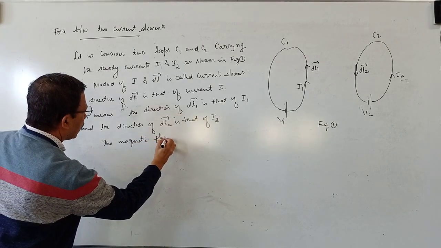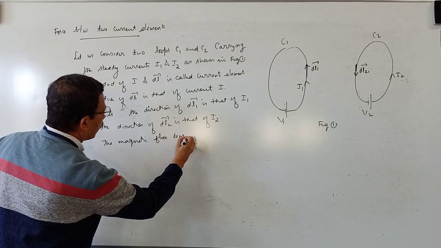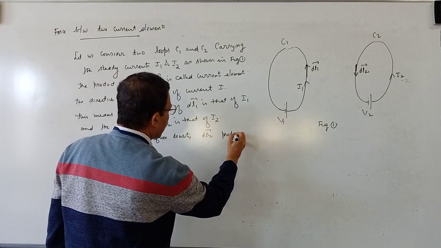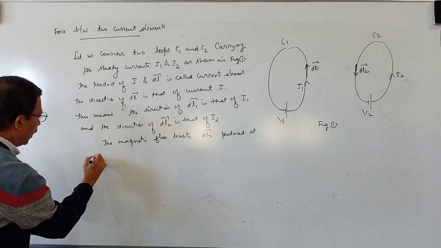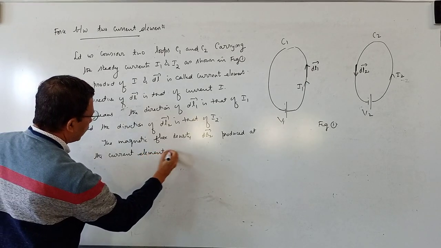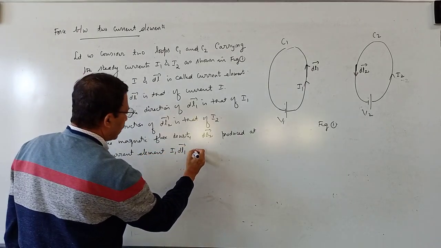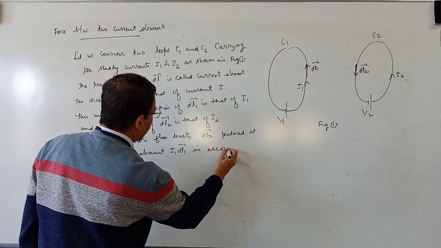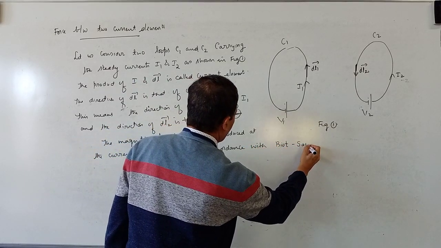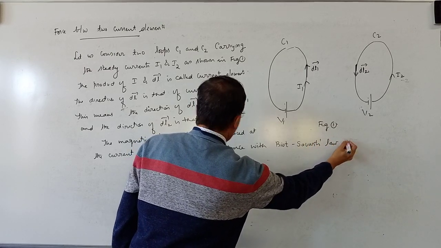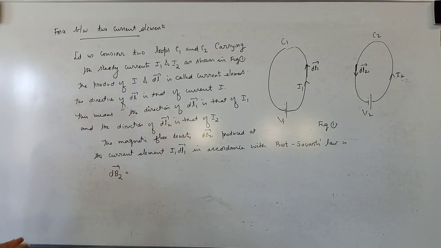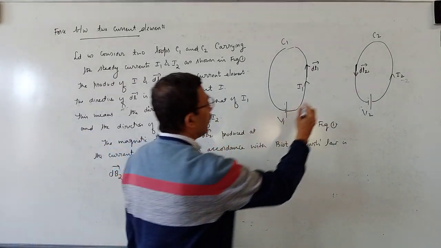The magnetic flux density vector dB2 produced at the current element I1 vector dl1 in accordance with Biot-Savart's law is vector dB2 is equal to... What is the distance between dl1 and dl2?